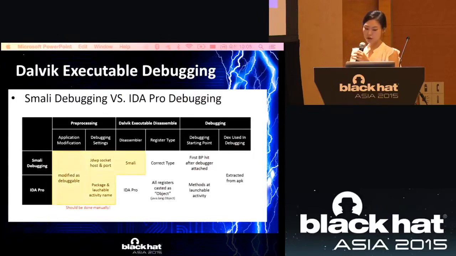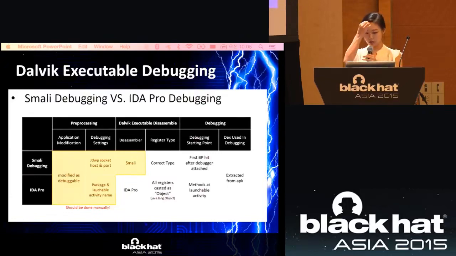So up to this part, analysts should do those steps manually, like converting the application to debug mode. To do that, they need to use APK tool to decode, build, and sign the application and install it, and they need to set the information for debugging settings, and they also need to disassemble the text files.